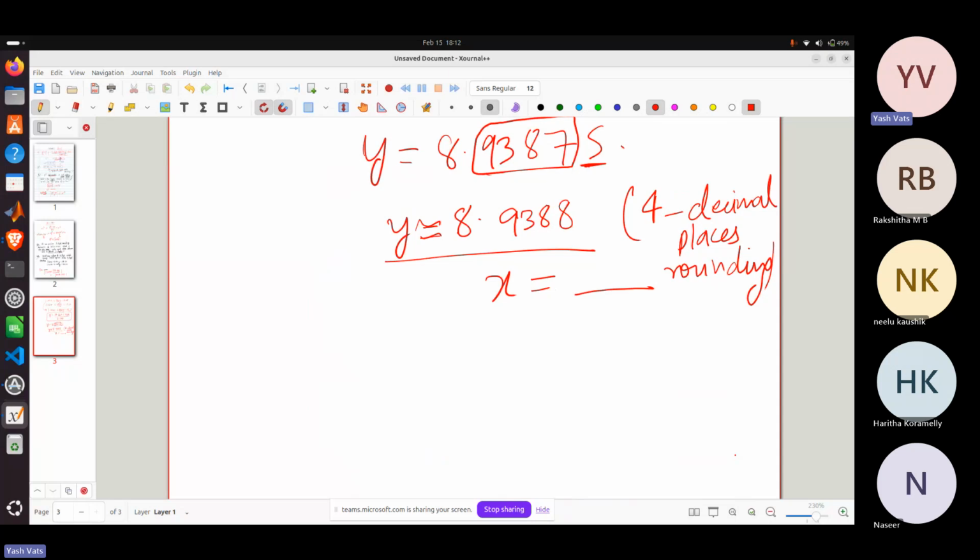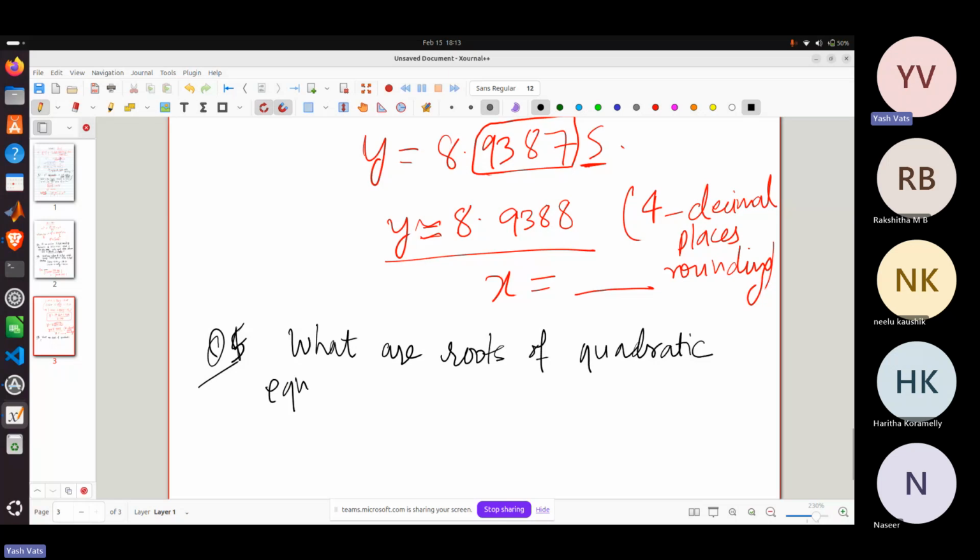And similarly, you can try one more question in this way. So question 4, I think 5, is: what are the roots of the quadratic equation using 4-digit rounding?